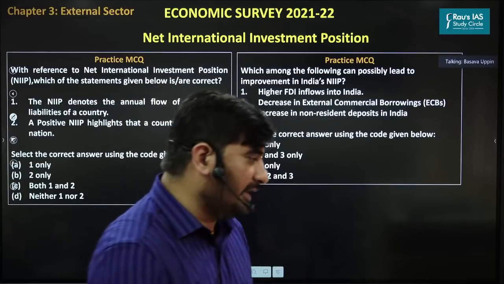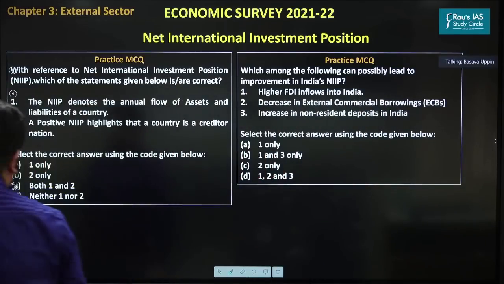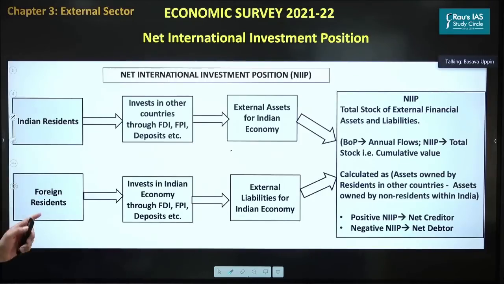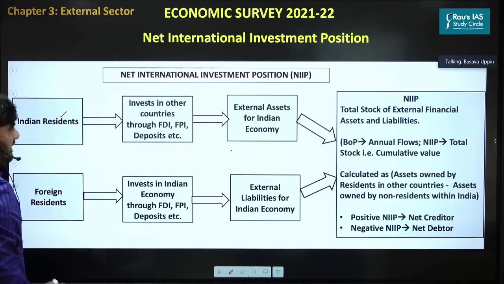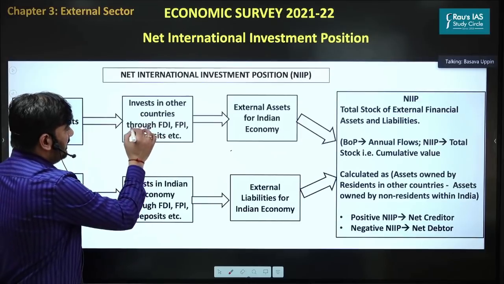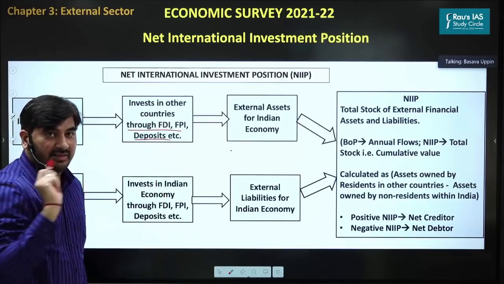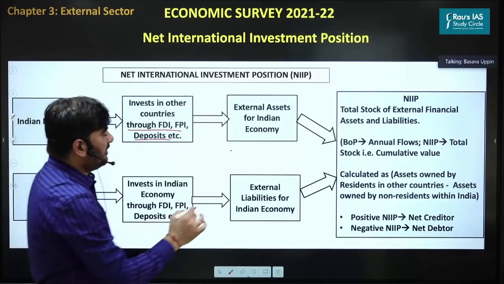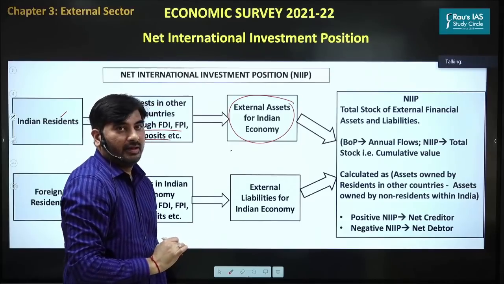To make your understanding simpler, you can have a look at this particular figure here. So please concentrate here. You have Indian residents. Indian residents are investing in other countries in the form of FDI, FPI, and we may also deposit money in other countries. So all of these will become external assets for the Indian economy.